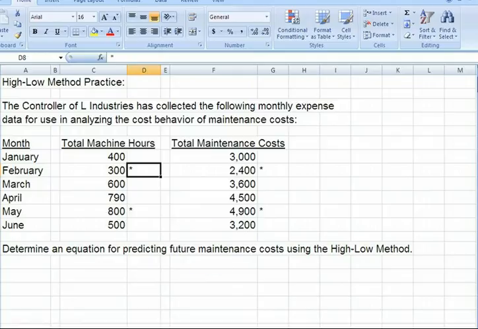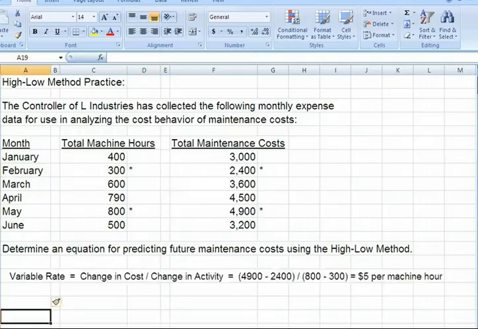This is how the math would work. Recall from high school algebra class that we would determine the slope of the line as rise over run. That is the change in the y's divided by the change in the x's. So in more layman terms, the variable rate would be the change in cost divided by the change in activity. So we're trying to find out a dollar amount per hour.